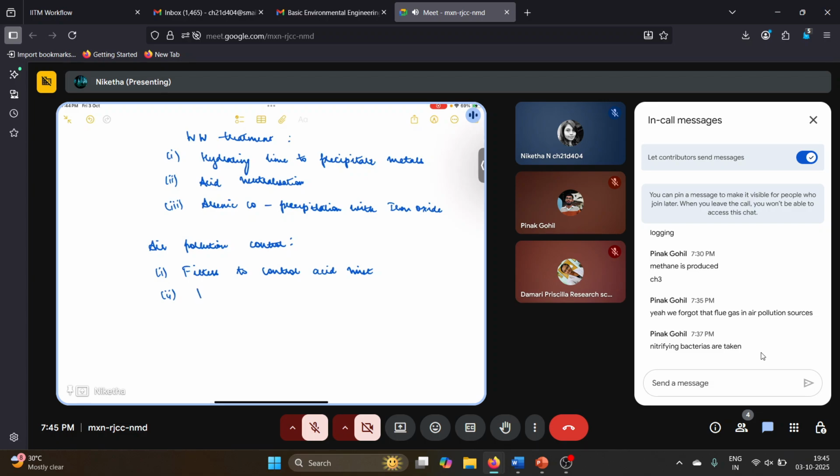And then wet scrubbers or mist filters to collect and treat acid mist.